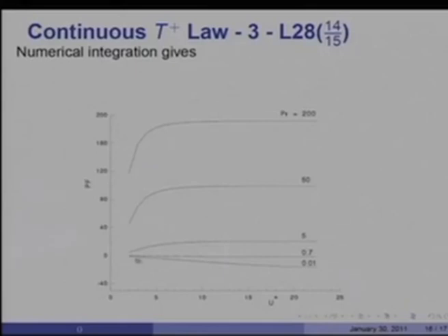For 0.7, which is air, you have negative P_f, which means the resistance to heat transfer is less than the resistance to momentum transfer, and in liquid metal the resistance is even less than that to momentum transfer. The transitional layer would occur somewhere around u+ of 13, the end of the transitional layer corresponding to y+ of 30 would occur somewhere here, and from here onwards you have a fully turbulent layer.